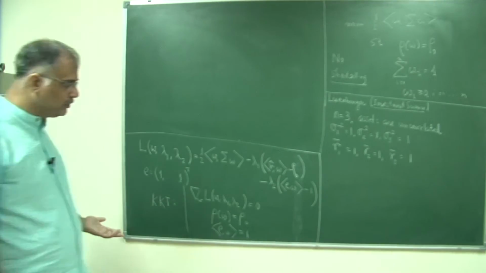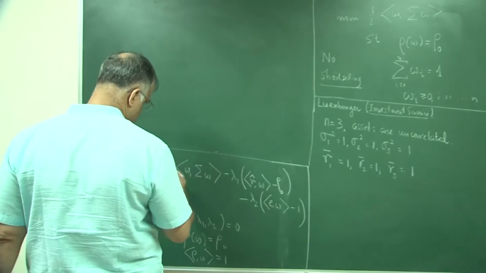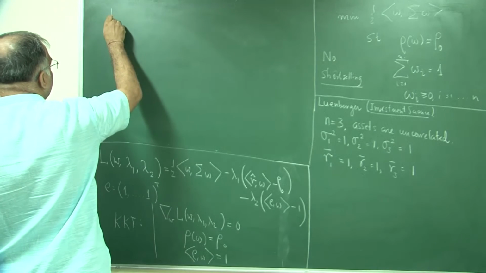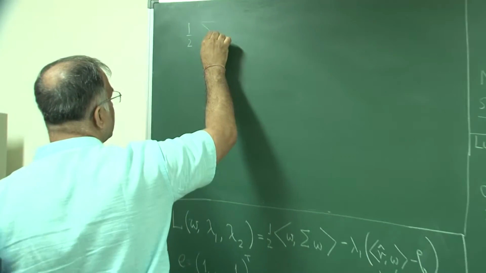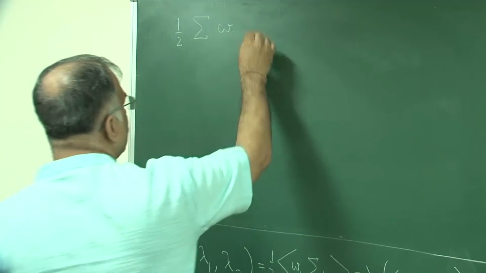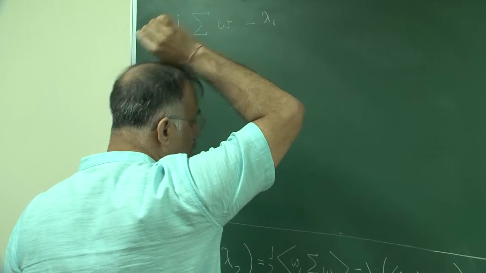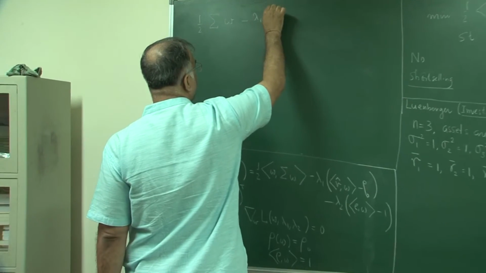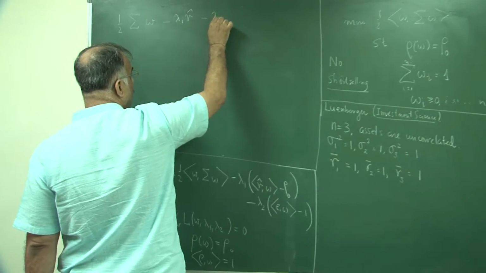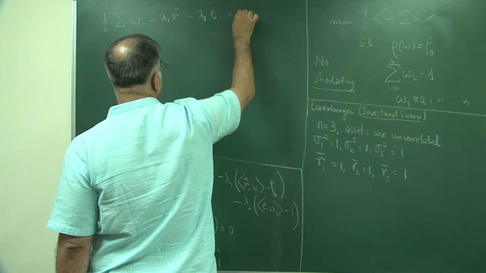We are going to now write down this condition, the KKT. So you are taking the gradient with respect to omega. So what do I get? I get here as the first condition, sigma W minus lambda 1 r hat minus lambda 2 E, and that's equal to 0.